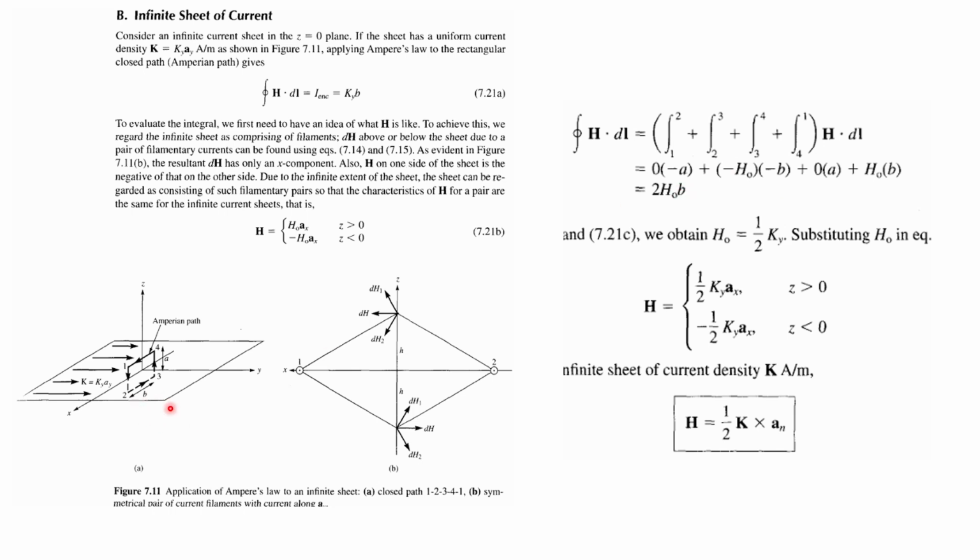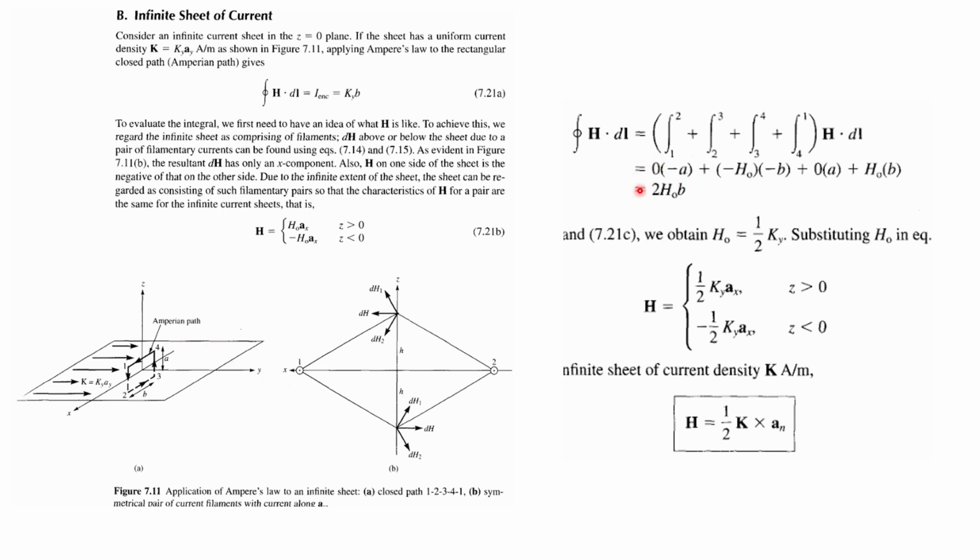Suppose the paths 1 to 2 and 3 to 4 both will be 0, and the vertical ones, that is 2 to 3 and 4 to 1, will not be 0, because the current is passing in the y direction. Let's just put the values.